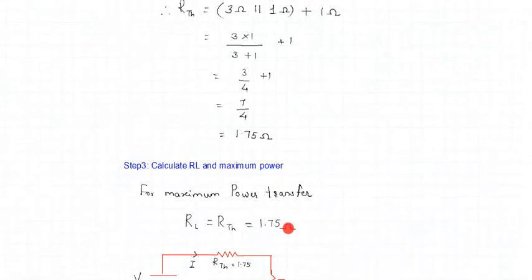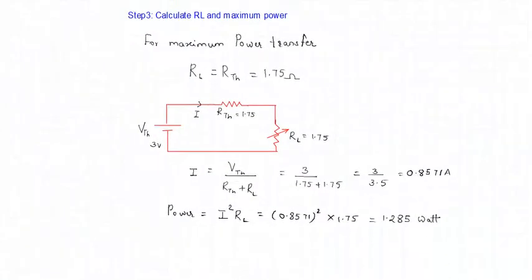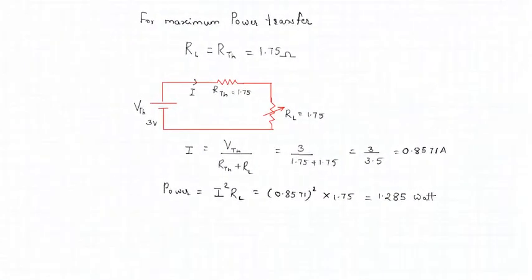We now need to find the maximum power of the network. So what is the maximum power of the network? Maximum power can be obtained by first showing the equivalent circuit of the network. The equivalent circuit is the entire network replaced by one voltage source VTH in series with the equivalent resistance RTH, followed by RL, the load resistance.